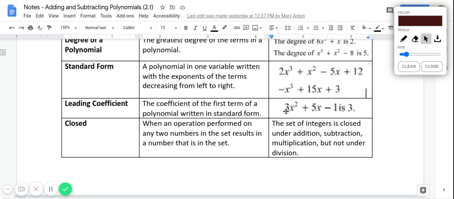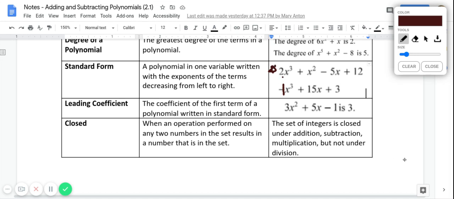So our leading coefficient, a coefficient is a single number, is 3. The leading coefficient of this one up here, this negative x cubed plus 15x plus 3, to see how this is really just negative 1 x cubed. So the leading coefficient is the coefficient of this highest degree term, which will be negative 1. The leading coefficient of this polynomial is 2.